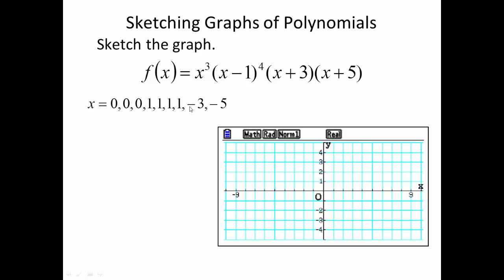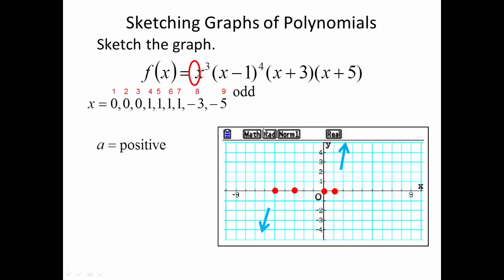And it goes through the -3 and -5. So there's 1, 2, 3, 4, 5, 6, 7, 8, 9. So that tells me that it's going to be 0, 1, -3, and -5. So there are going to be 9 zeros, odd, and it's positive because there's a positive 1 in the front. So it's going to look like that.